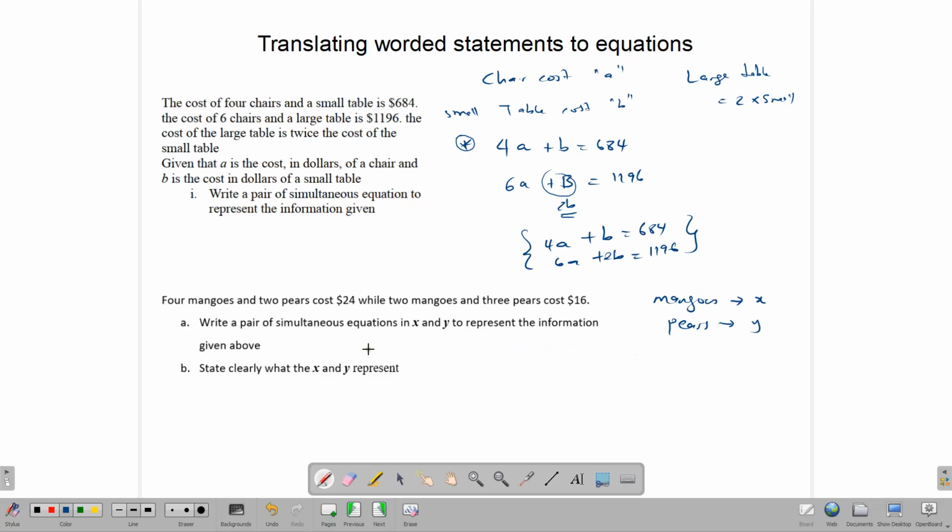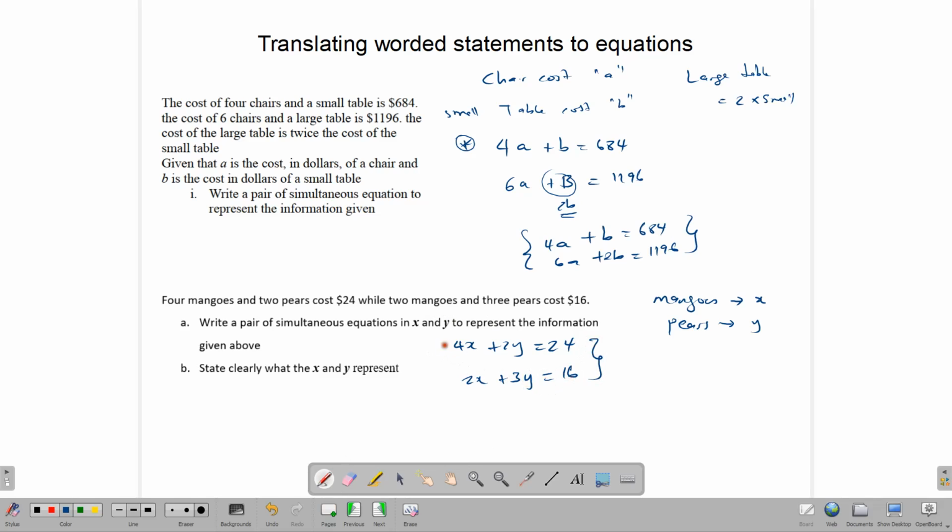So we would have in this equation, the first part, 4 mangoes and 2 pears, which means 4x plus 2y, and that gives us $24. And the second one, 2 mangoes and 3 pears, is 2x plus 3y, which gives us 16.